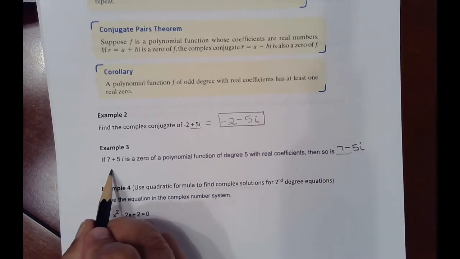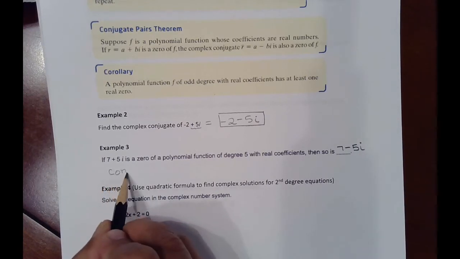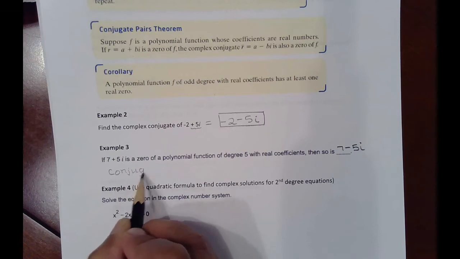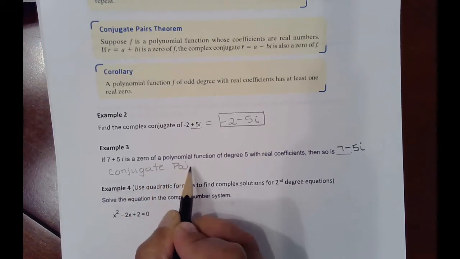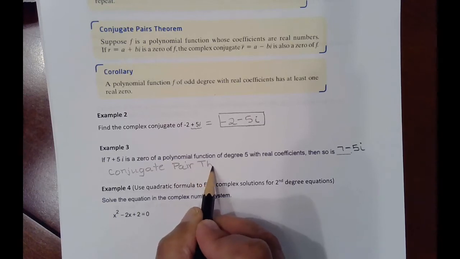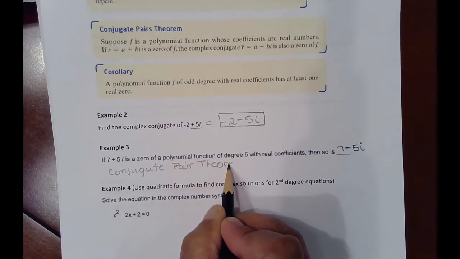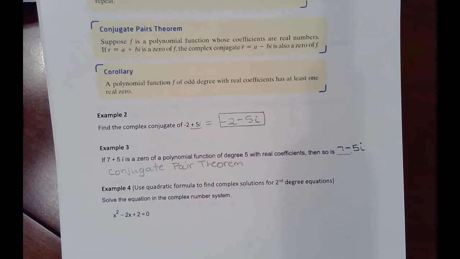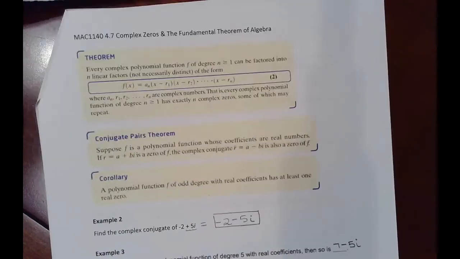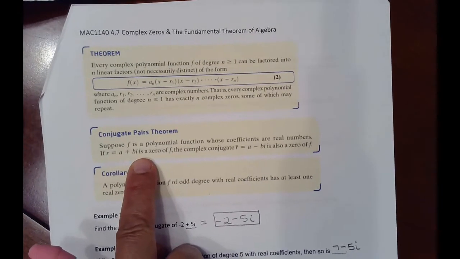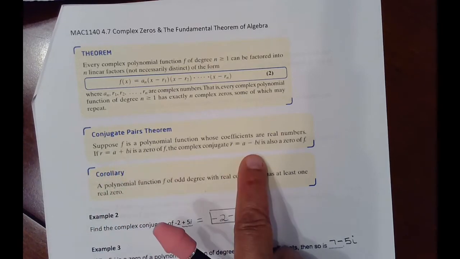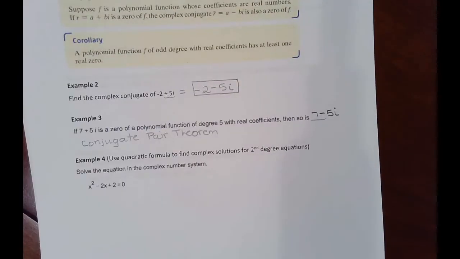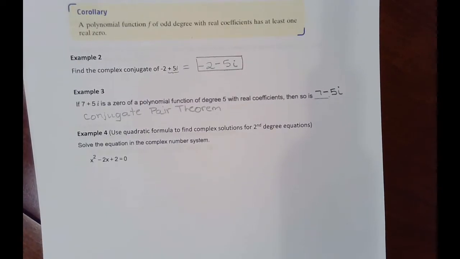And that comes from the conjugate pairs theorem. You don't have to write out the name of the theorem in MyLab Math when you do the homework, but I'm just telling you that's the theorem we just went over up here, that if any particular complex number is a solution, then its conjugate is also a solution. So there's no work to be done yet.